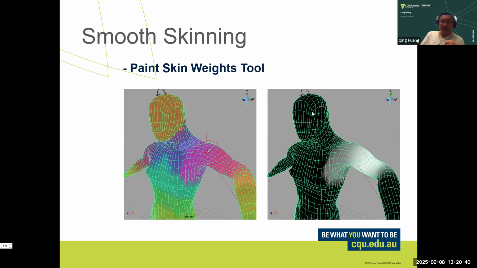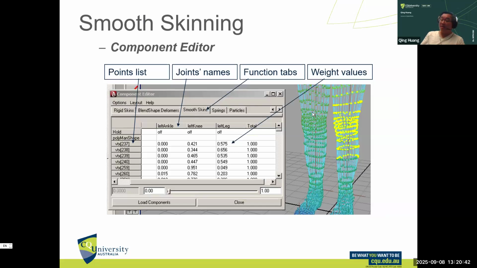All right. And so you can even get further. Sometimes when you are fine-tuning the surface influence, you might want to get into the vertex level. So you have a Component Editor. That's another panel Maya provides you to further edit each individual vertex, how much influence it gains from which joints.